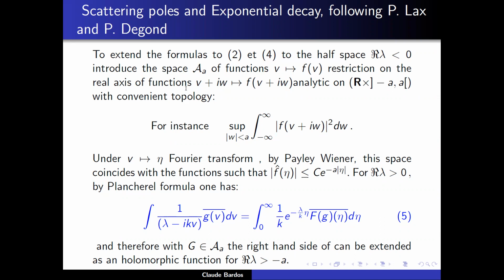So that G and G chapeau of eta is something which decreases exponentially for modulus of eta going to infinity. And that's exactly the Paley-Wiener theorem, and I will use this space of analytic functions in the rest of the talk. Okay, so far so good.